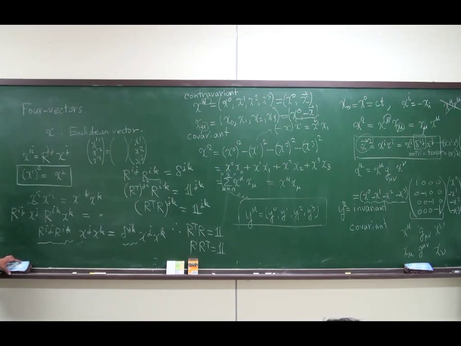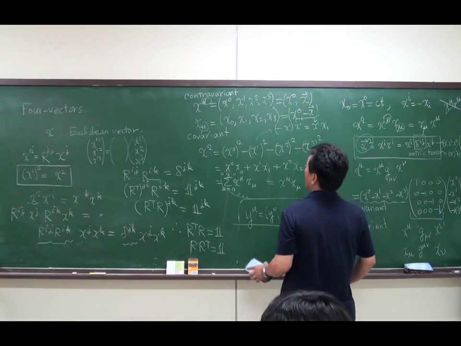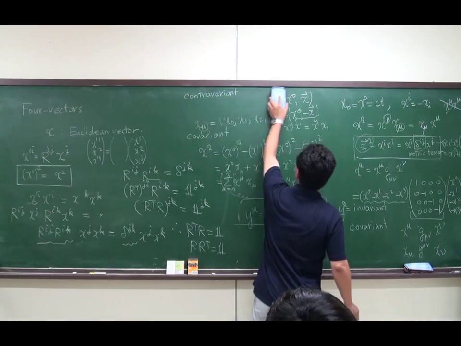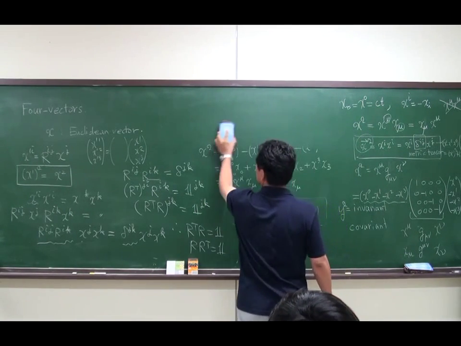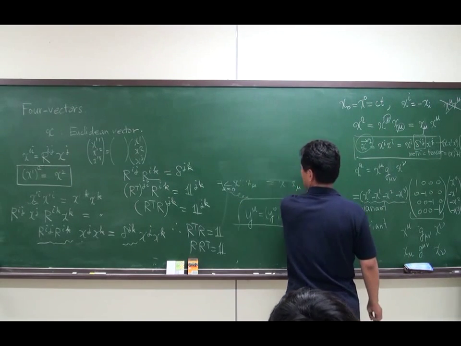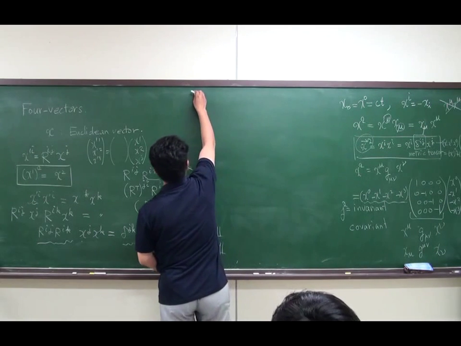I'd like to copy this to find the relationship for the Lorentz transformation. I have a condition that now we are considering a 4-vector.